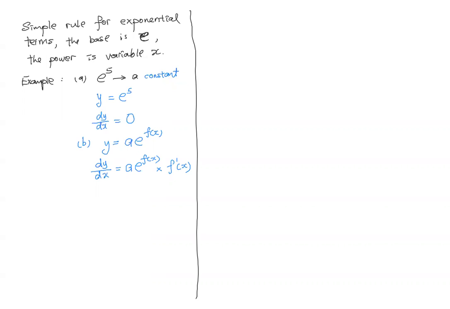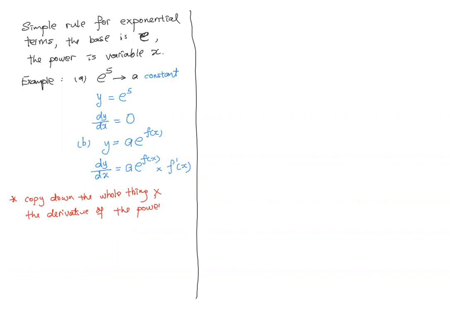So the simple rule for this one will be, listen here, dy/dx: copy down the whole thing, times by the derivative of the power. That is the derivative of an exponential term. Are you clear? So how do I differentiate an exponential term? I copy down the whole thing, then I multiply by the derivative of the power.